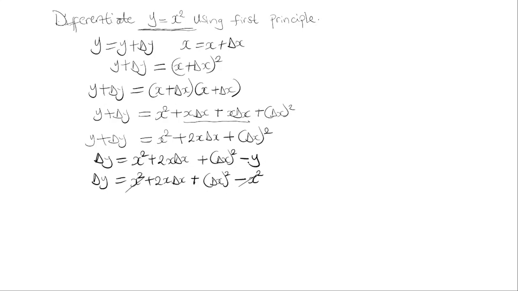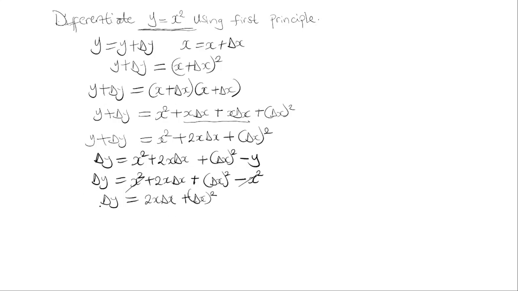We'll be left with delta y is equal to 2x delta x plus delta x raised to power 2. Now the next step from here is to divide all through by delta x.